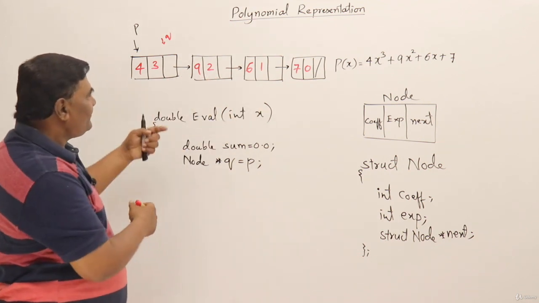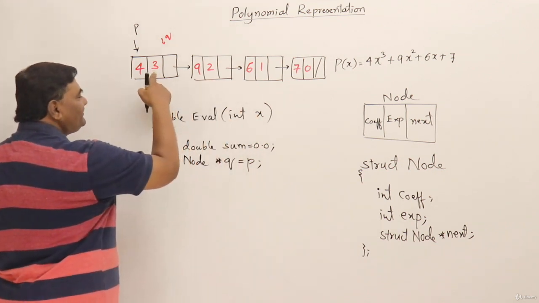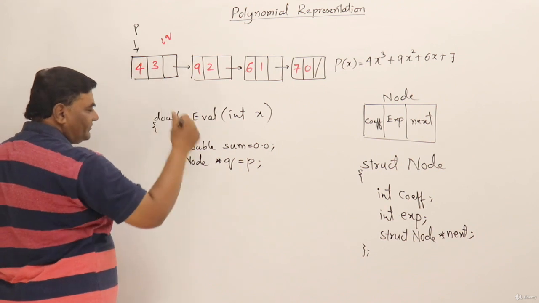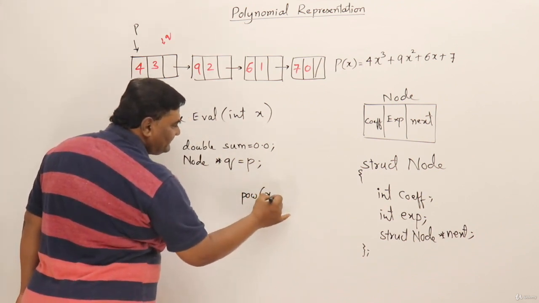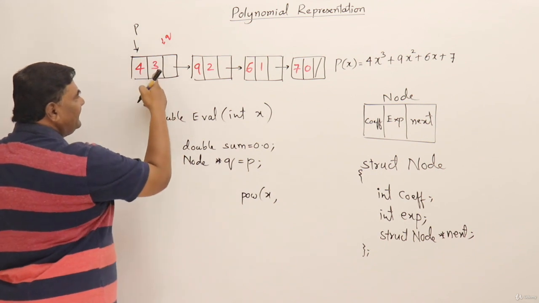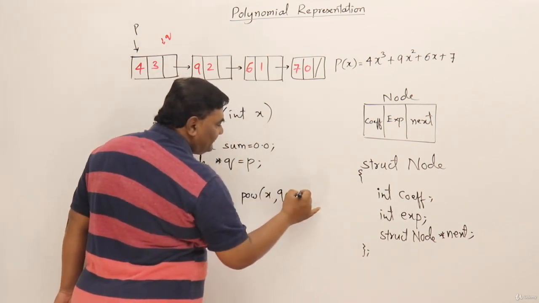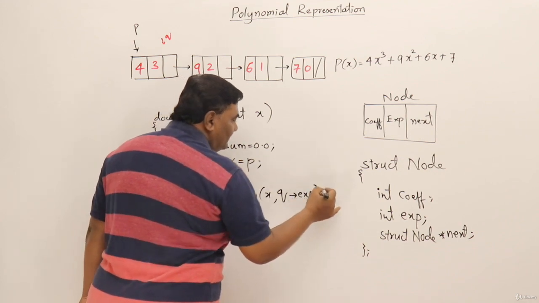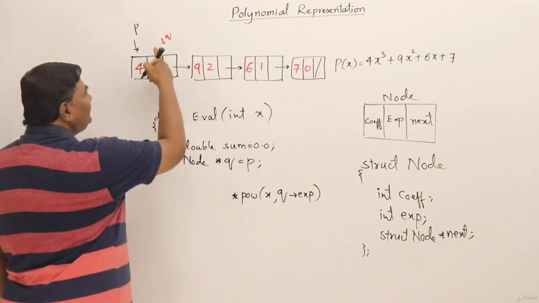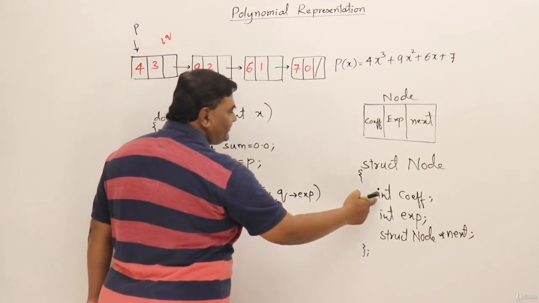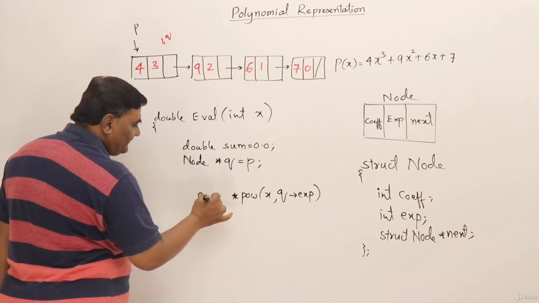So let us do this process. We know well that whatever the value of x, that should be raised to the power of this exponent. So find out power of x comma q's exponent, q caps exponent. This will find out the power. Then this should be multiplied with q's coefficient.